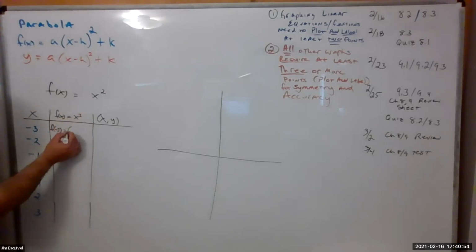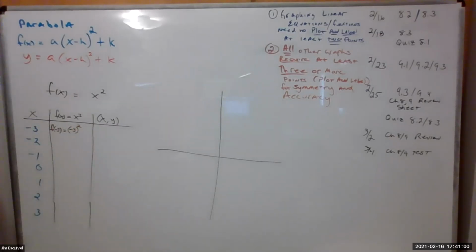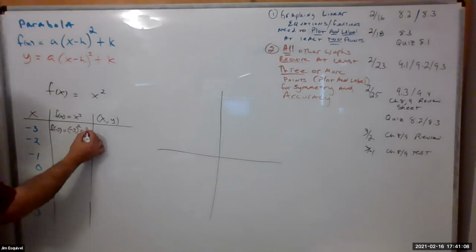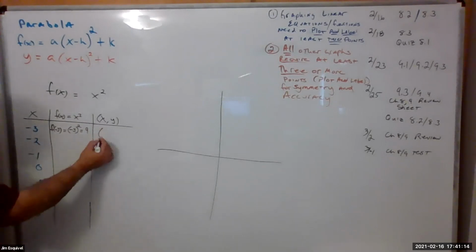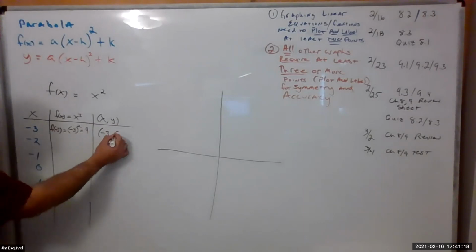So that means the whole -3 is going to get squared. A -3 squared, a negative times a negative is a positive, and then 3 squared gives you +9. So when you plug in -3 for x, the y value is positive 9.